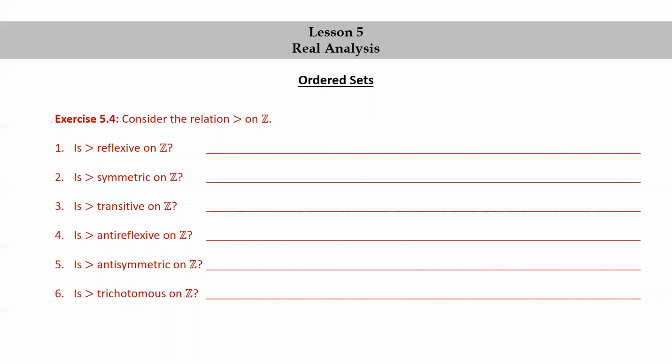Another exercise. We'll consider the relation greater than on Z and check the various properties. First, go ahead and pause the video. Try this exercise yourself, and then resume the video to check your answers with mine. Okay, is greater than reflexive on Z? No. For example, 1 is not greater than 1.